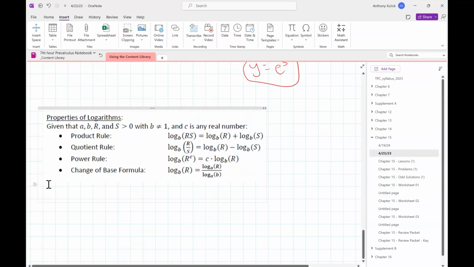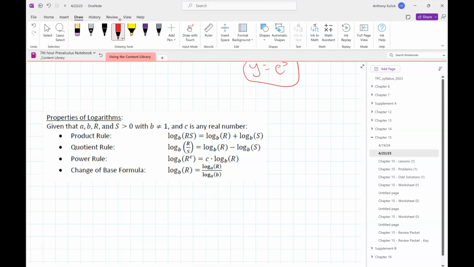So for example, for exponents, we know that a to the n times a to the m is a to the n plus m, right? That multiplication outside of the exponential turns into addition inside the exponential. The opposite is true for logarithms, where multiplication inside the logarithm turns into addition outside the logarithm. But you see how that's an equivalent property?